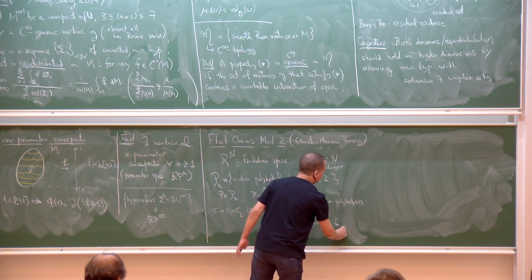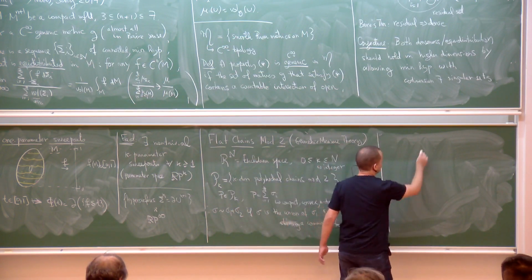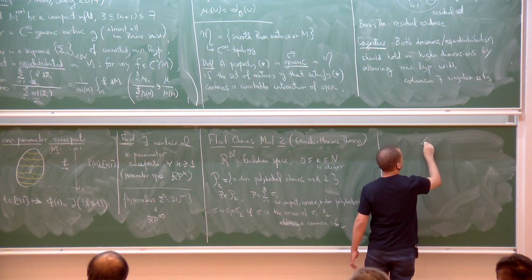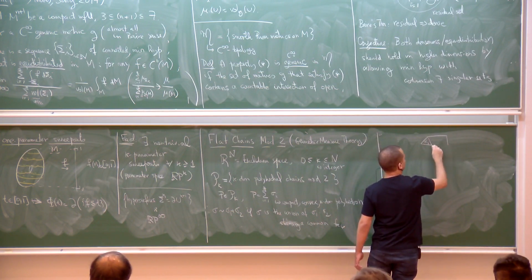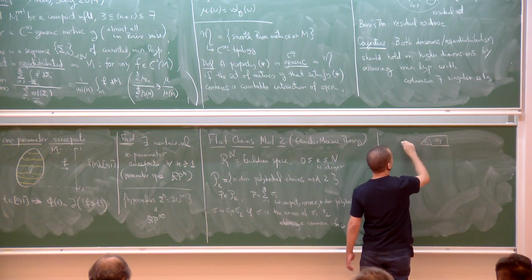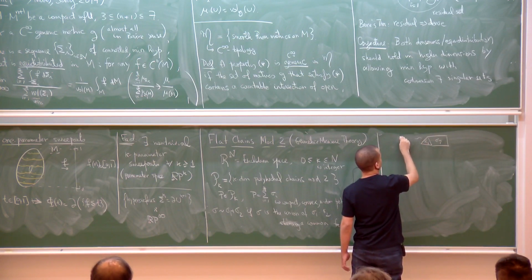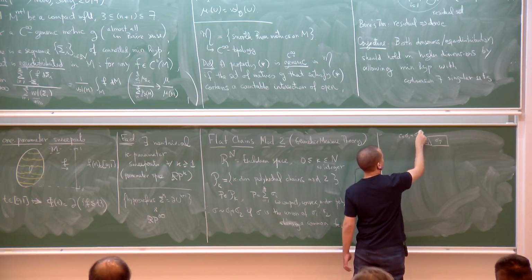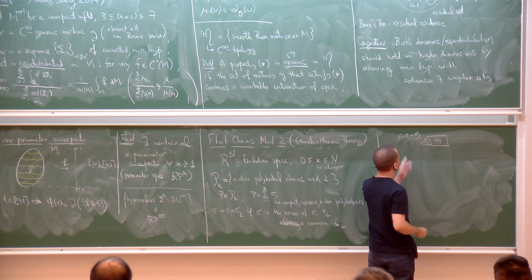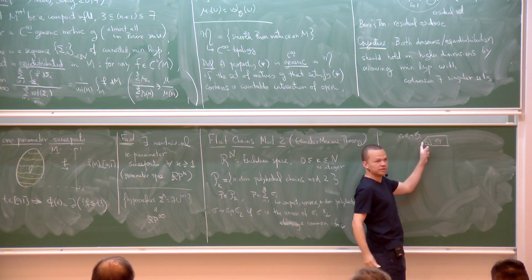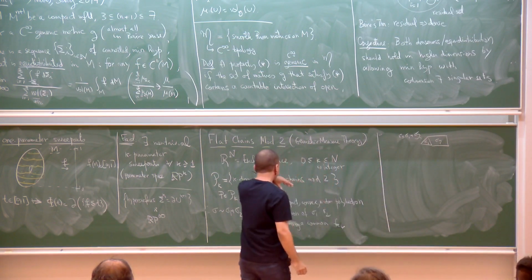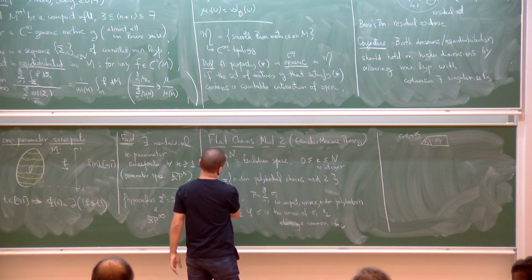So if this is sigma_1 and here I have sigma_2, and the whole thing is another polyhedron, then the big thing is equivalent to the sum of these two.